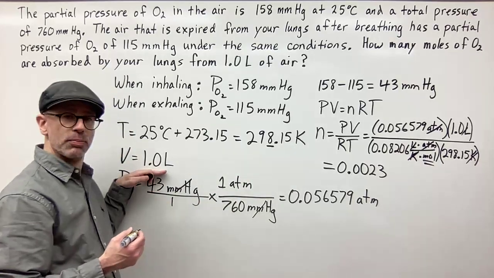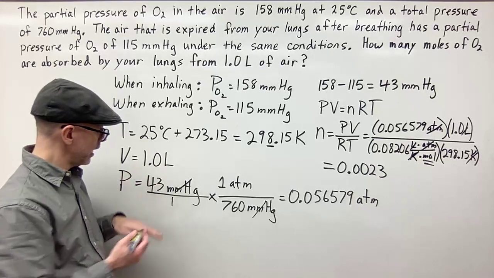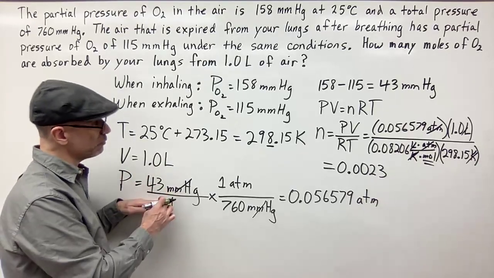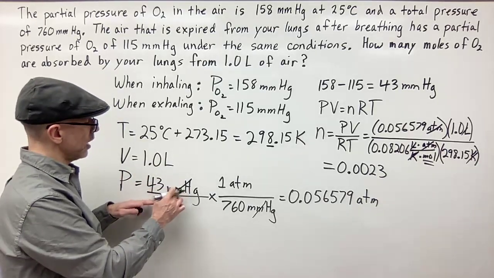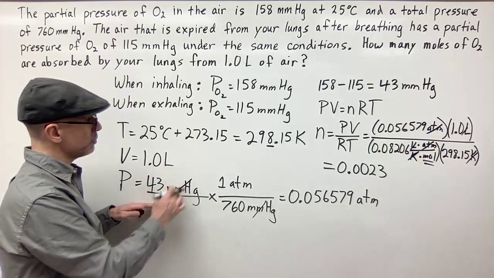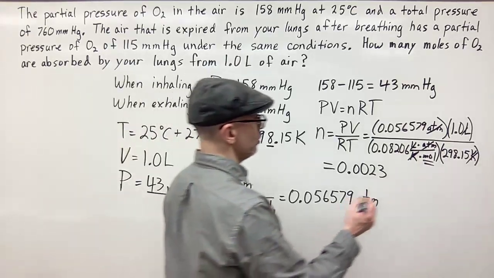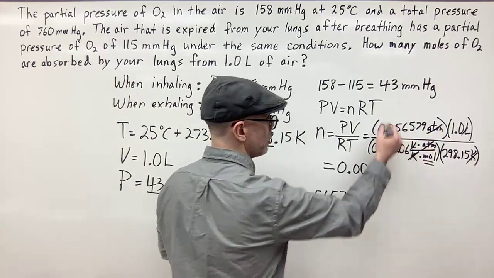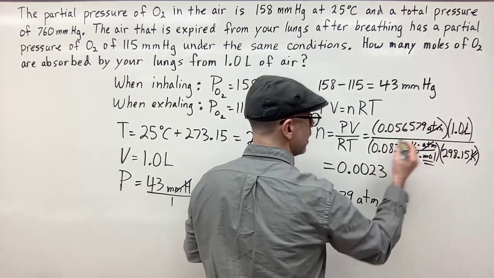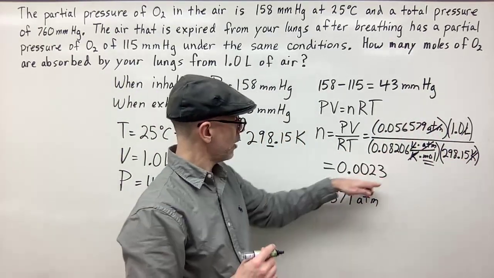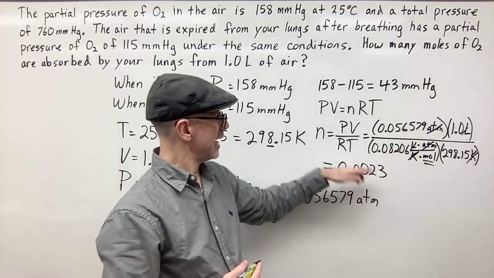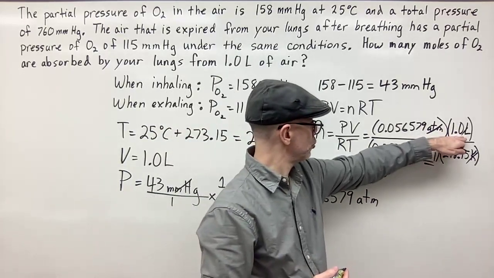Here they gave us 1.0, that's 2 significant figures. And here we have 2 significant figures from the pressure. So when we multiply and divide, our answer should have the least number of sig figs, and the least number is going to be 2 here.